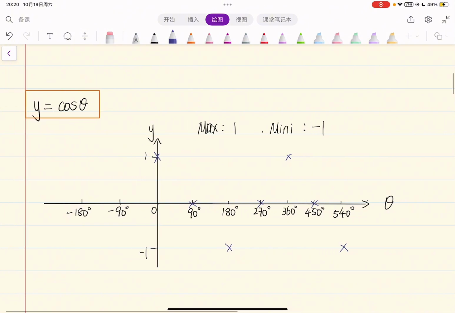For the negative values, when you type minus 90 that equals 0, and minus 180 that equals minus 1. So there is another wave.